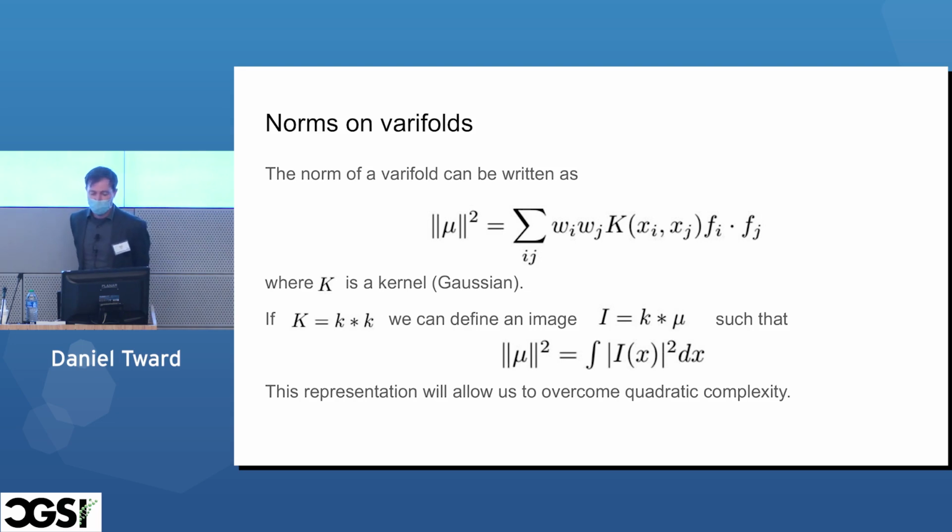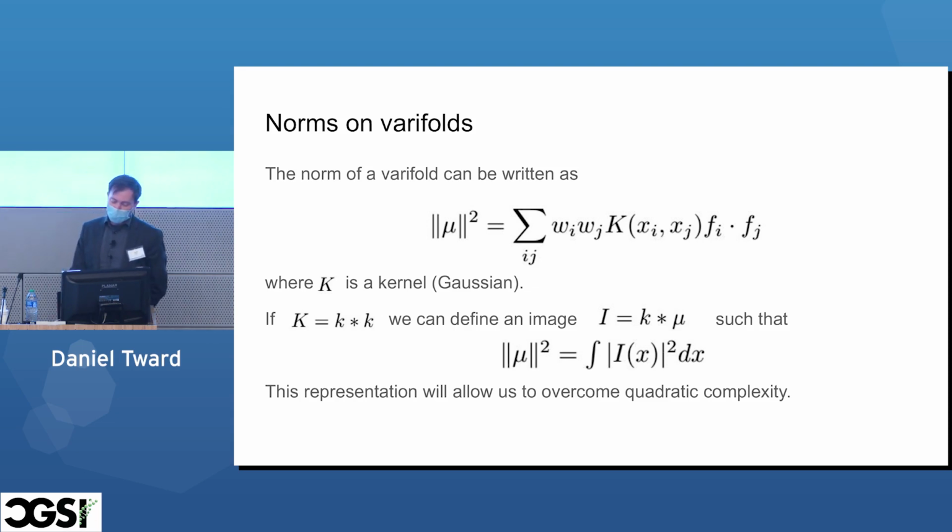But there's a trick associated with reproducing kernel Hilbert spaces that exactly the same norm can be calculated by converting this varifold halfway into its dual function. If we use a Gaussian kernel with half the variance, we can convert our varifold into a smooth but not so smooth function.